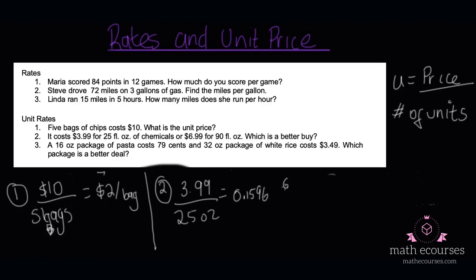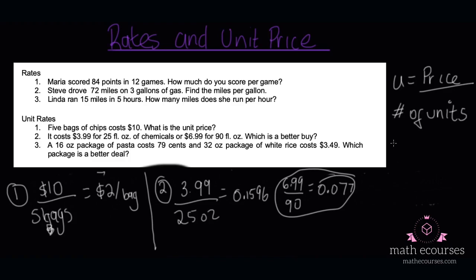For my second one, I have $6.99 divided by 90. Go ahead and divide that. And I'm getting 0.077, and so on. Which is the better buy will be the cheaper one, which is this one. So for here, the better buy will be $6.99 for 90 ounces.